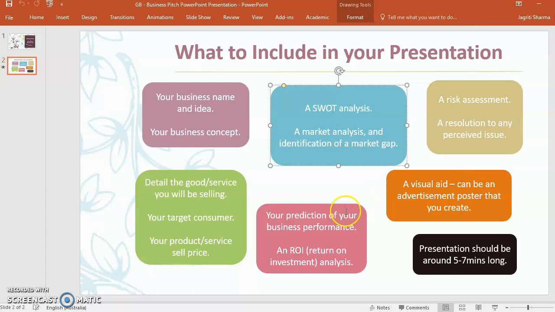Then your prediction of your business performance and return on investment analysis. This is something that we need to cover as well. You can predict your business performance; the only thing I need to cover with you is return on investment analysis. So we are going to do return on investment and marketing strategies next week. That's going to be our focus for next week.